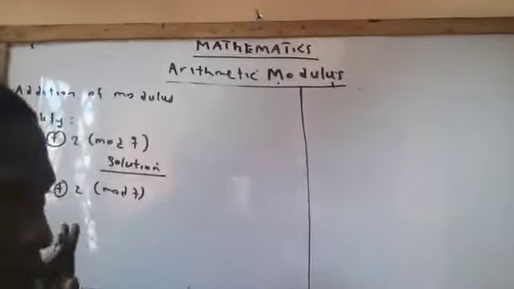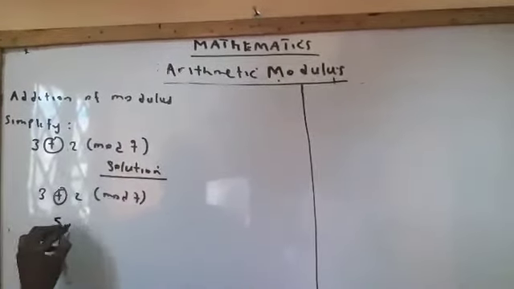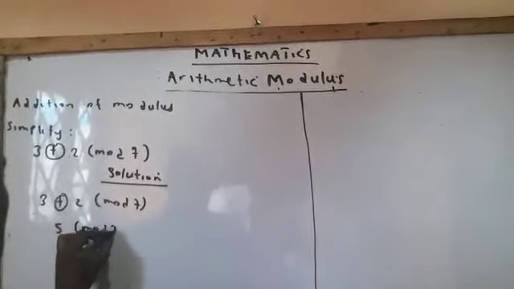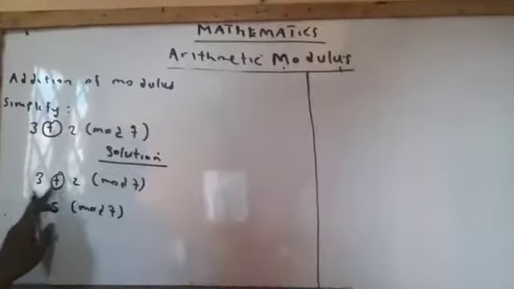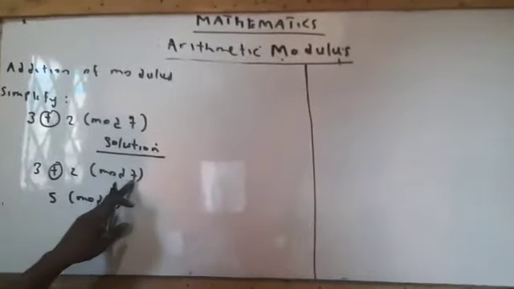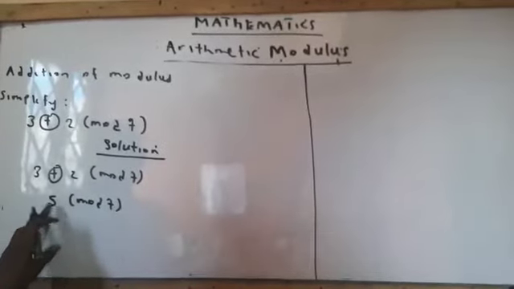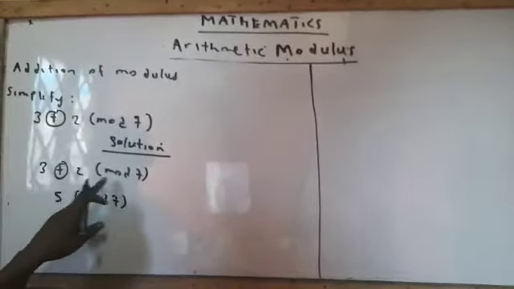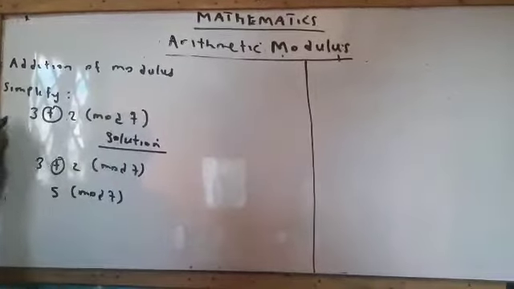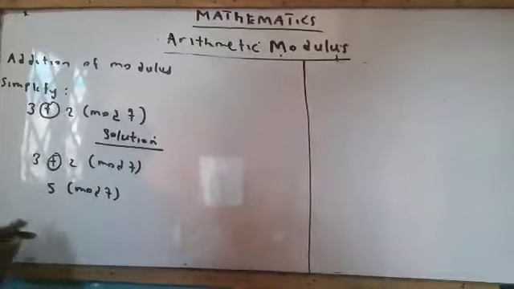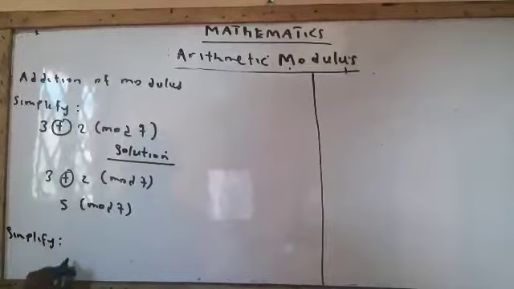I'm going to add them normally. 3 plus 2 is 5 mod 7. Now, let's look at our rule. Our rule states that if the integer is less than the given modulus, it is written down directly. So, in this case, 3 plus 2 mod 7 is 5 mod 7.